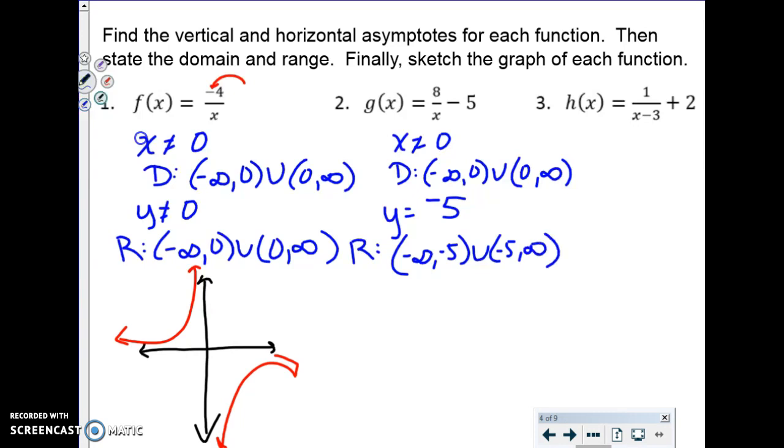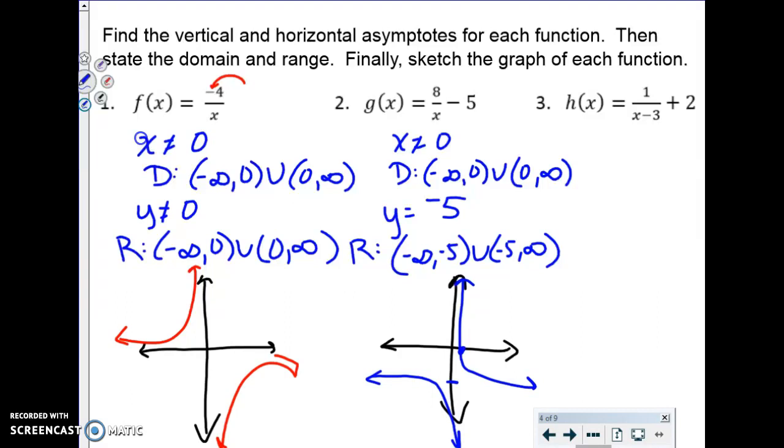And the sketch of that graph will look like, we're not going to really even account for the 8 because it's just a sketch. But here's -5, so x can't be 0, so it's going to look like that, and like that. So it's never going to hit the y-axis, but it definitely can go through the x-axis, because we can set this function equal to 0 and then solve.